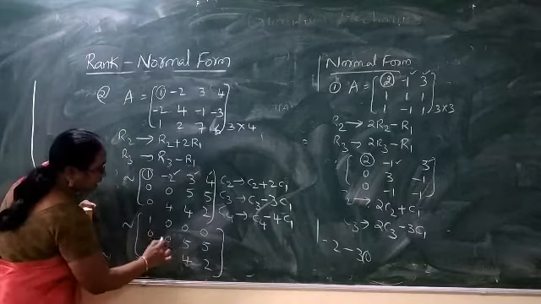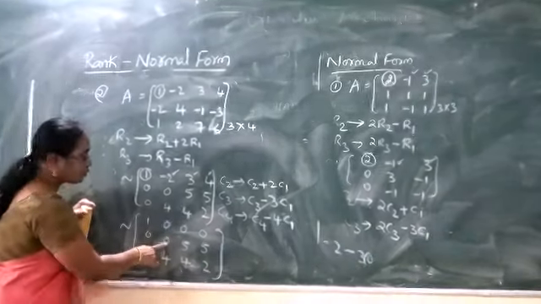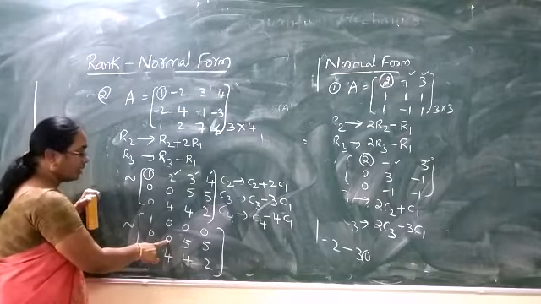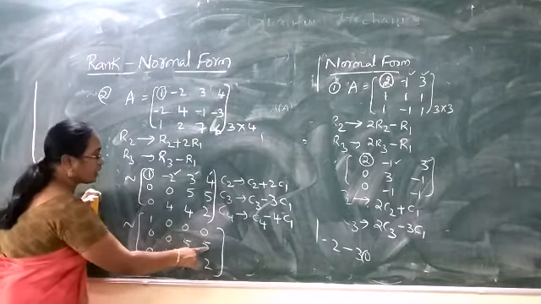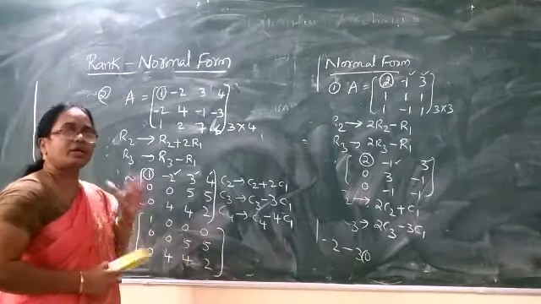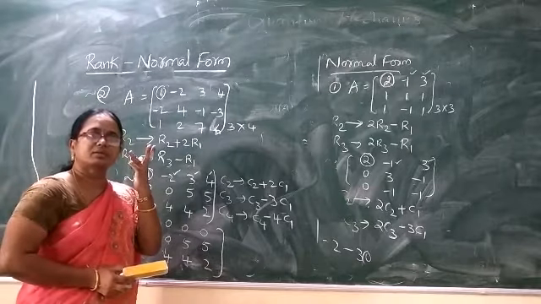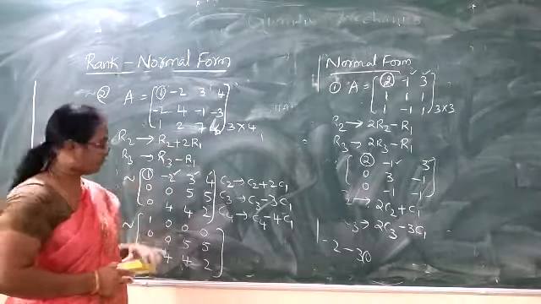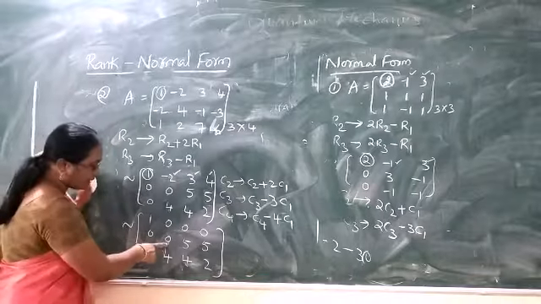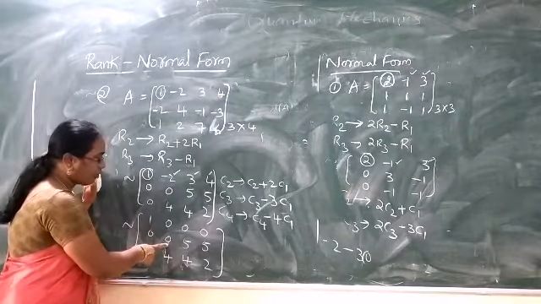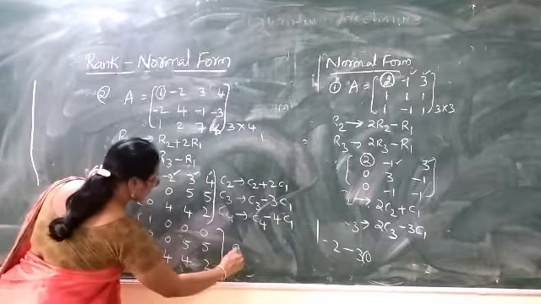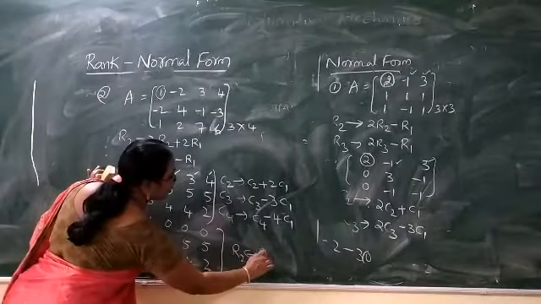Now look at the second pivot, it is 0. It should not be 0 because it has to be used for making the elements below and to the right zeros in order to get an identity matrix, which is a part of our normal form. So what we do now? In order to make the second pivot non-zero, we go for either column interchange or row interchange. Let us interchange row 2 and row 3.